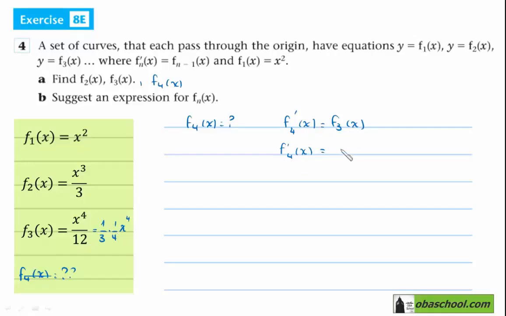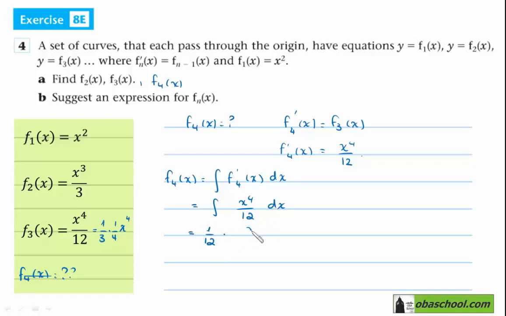F prime 4 of x is equal to x to the power 4 over 12. Therefore, f4 of x is the integration of f prime 4 of x with respect to x, equal the integration of x to the power 4 over 12 dx.